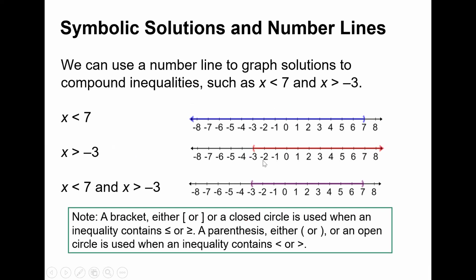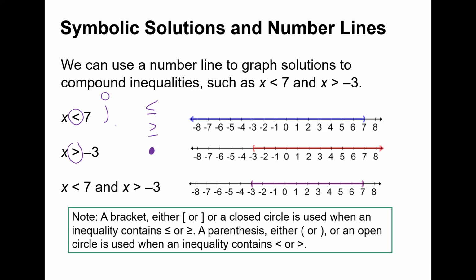Now, symbolic solutions and number lines. We can use number lines to graph solutions to compound inequalities such as x less than 7 and x greater than negative 3. All right, well, x less than 7. Now remember, when you have less than or greater than, it's either a parenthesis or an open circle. And if you have less than or equal to or greater than or equal to, it's going to be a closed circle.